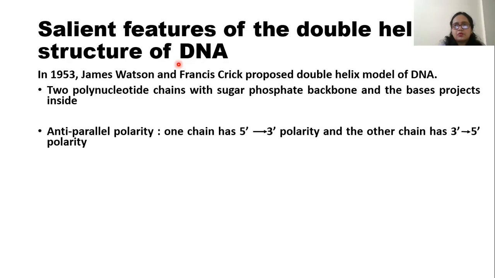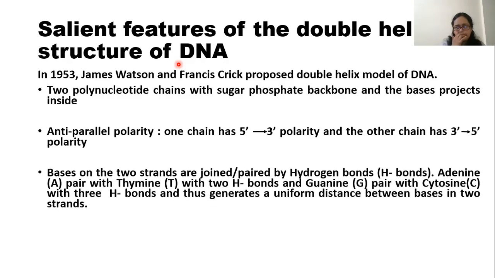Anti-parallel polarity: one chain has 5' to 3' polarity while the other chain has 3' to 5' polarity. And we have also seen that the bases on the two strands are joined or paired by hydrogen bonds. Between adenine and thymine, there are two hydrogen bonds, while between guanine and cytosine, there are three hydrogen bonds.